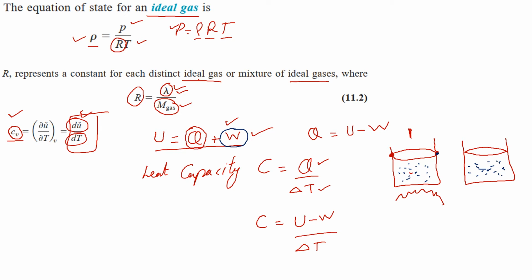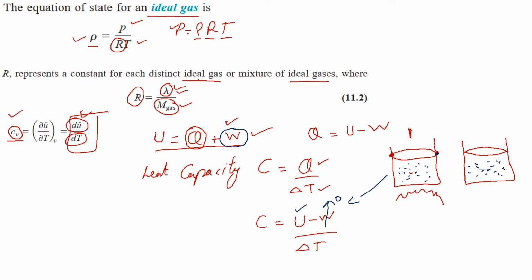If we apply this scenario on this equation, the work will be 0 because the piston is not moving. Only the temperature of this gas is increased by burning fuel below this cylinder, and that will result in the change in internal energy only.